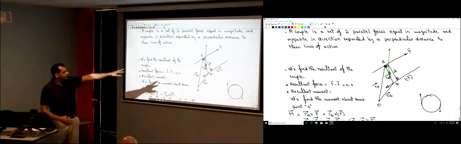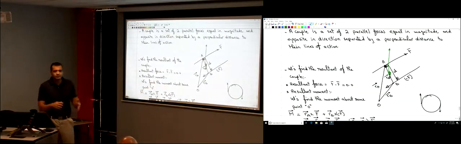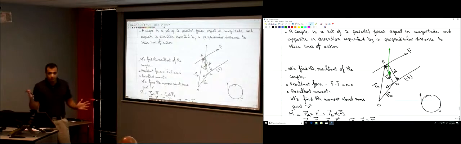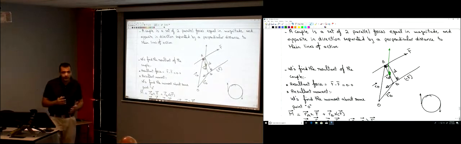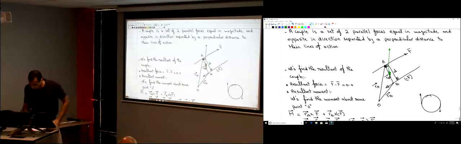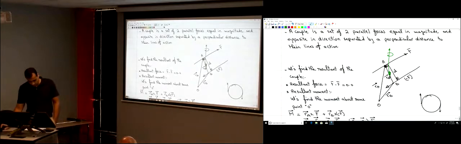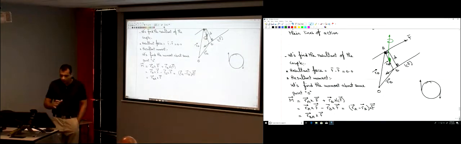If F and R are in the XY plane, then it's the Z. But if it's any plane, it's just perpendicular to that plane, including R and F. And the moment is the moment that we're looking for.